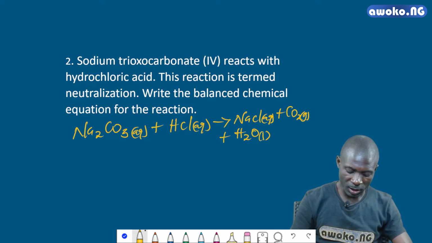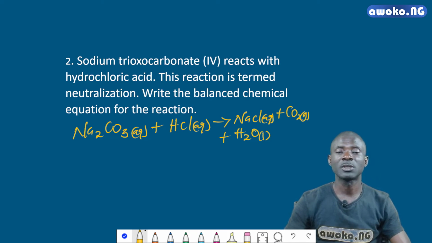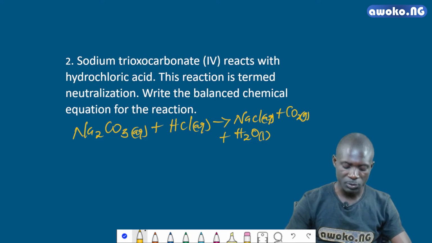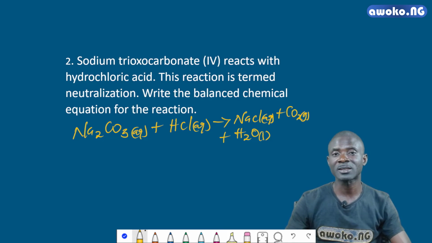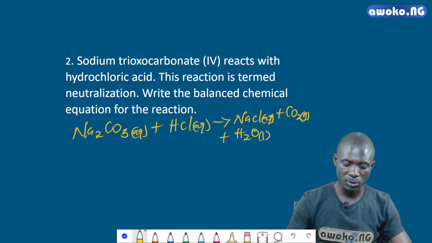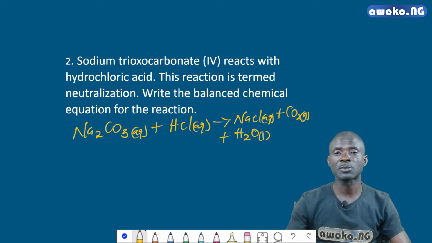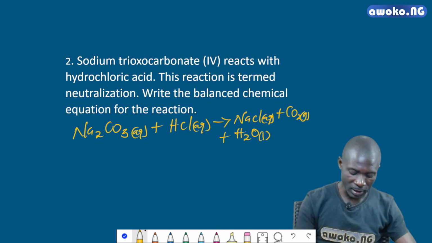Now taking a look at the equation, we see that we have 2 atoms of sodium at my left hand side. My right hand side I have 1 atom of sodium. So for me to balance the number of sodium, I'll simply introduce 2 moles of sodium chloride to my right hand side.